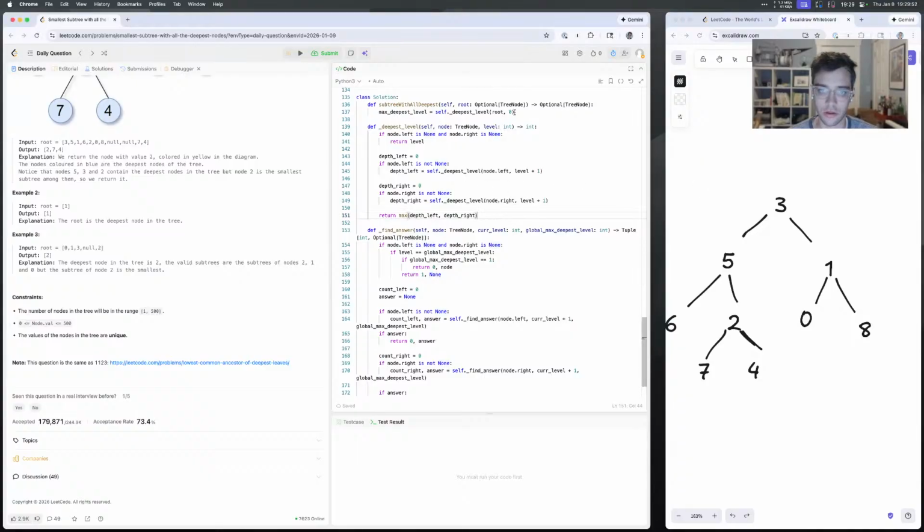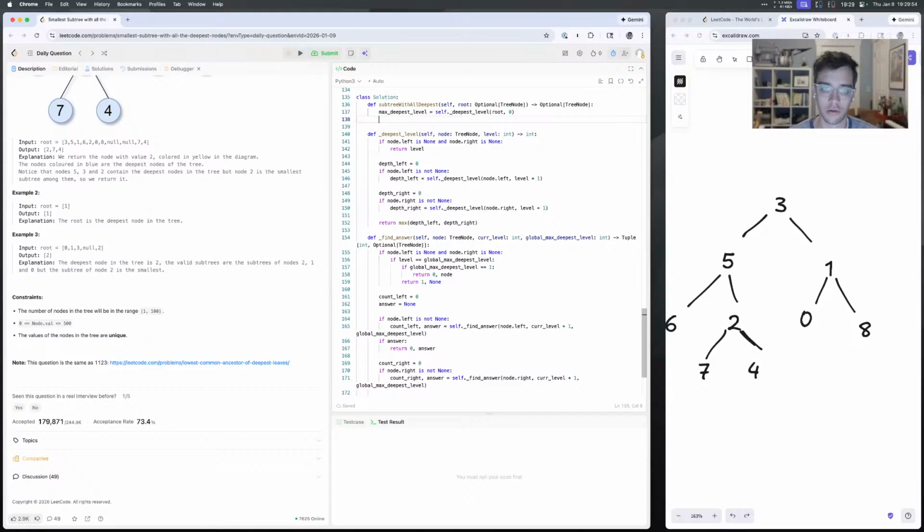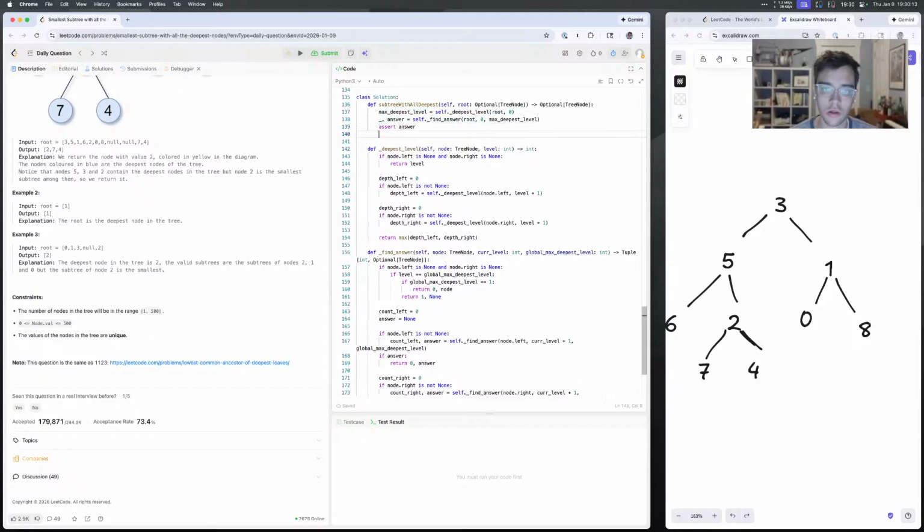I don't know why this accepts an optional tree node.